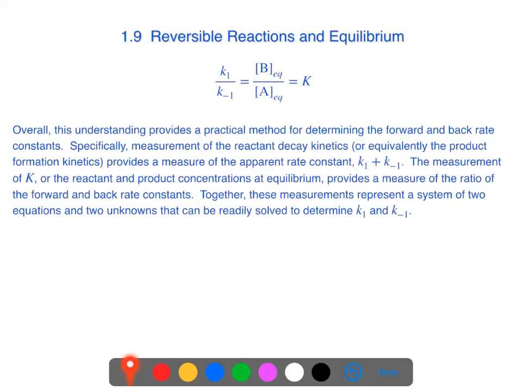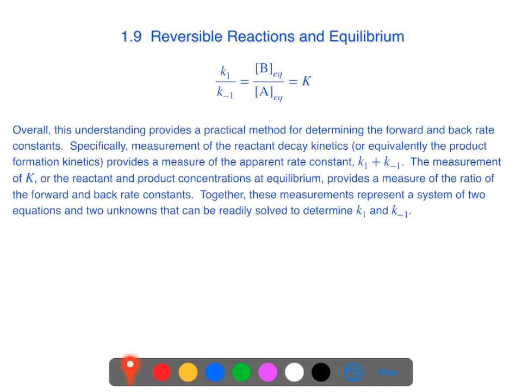Also, the measurement of the equilibrium constant, or the reactant and product concentrations at equilibrium, provides a measure of the ratio of the forward and back rate constants. And there are a variety of methods we can use to determine an equilibrium constant.